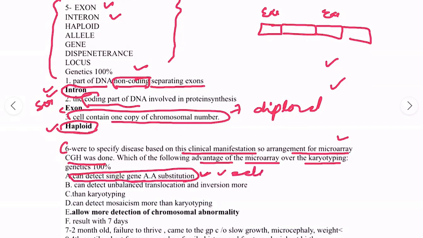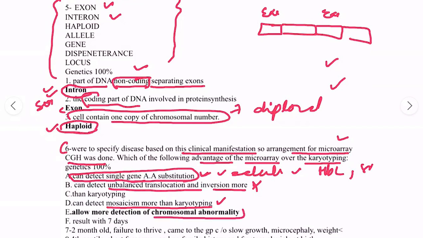That is usually done by electrophoresis, right? If we talk about HPLC, sickle diseases. Can it detect unbalanced translocation and inversion more? We have read, not at all, more than karyotype. It cannot detect translocation. Can it detect mosaicism more than karyotyping? Usually not. It allows more detection of chromosomal abnormality.